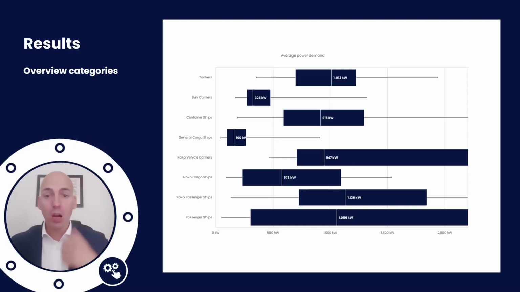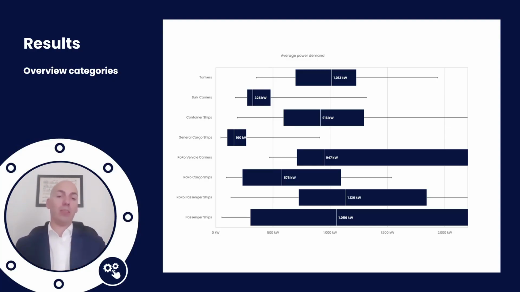And if we take general cargo ships, for example, we can say with a very high degree of confidence that the average is only 160 kilowatts, and it's all very close together. So there's no need to do very big statistical analysis. It's all pretty close. For ro-ro vehicle carriers, cargo ships, passenger ships, especially cruise ships, which are not even in here because we had only 40 data points for those, they have an extremely high range.